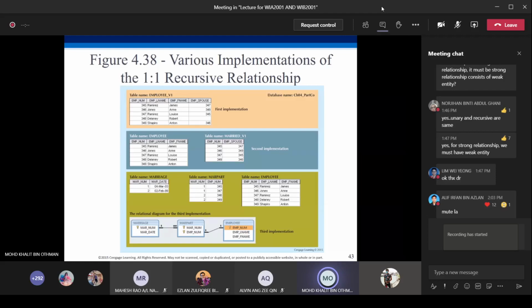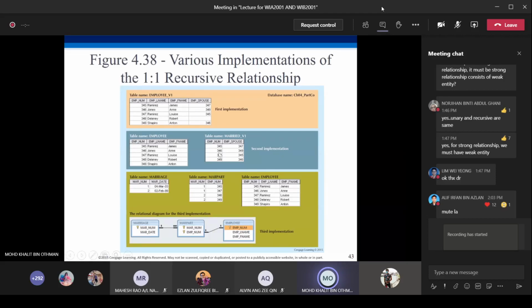To overcome this problem, you have to split your table and store your data in two tables. Maybe you can name them the employee table and the marriage table, with a primary identifier linking the marriage table to the employee table. However, this second implementation still has a problem of duplicate values.